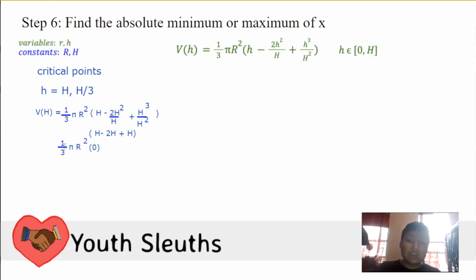So 0 multiplied by anything, we already know that V of big H is equal to 0. So now we found one critical point.